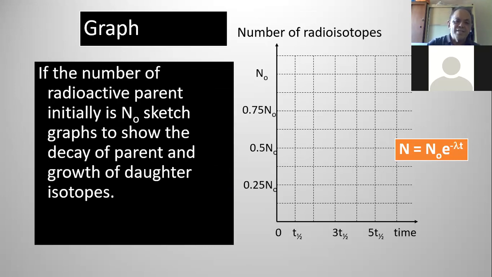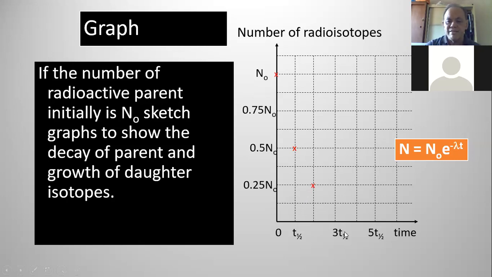If we start with N naught, and we are given the half-life of the isotope, then we mark a point there at N naught. After one half-life, remember, it decays to half. Then after another half-life, half of this is 0.25, so it should be here.